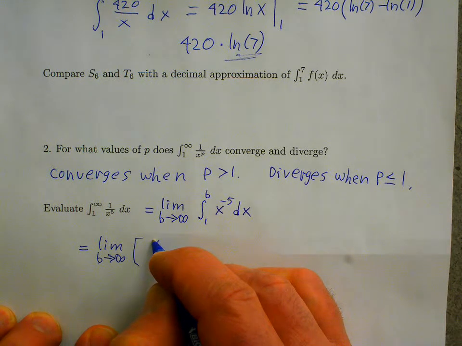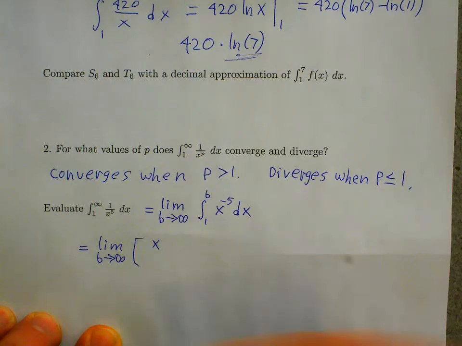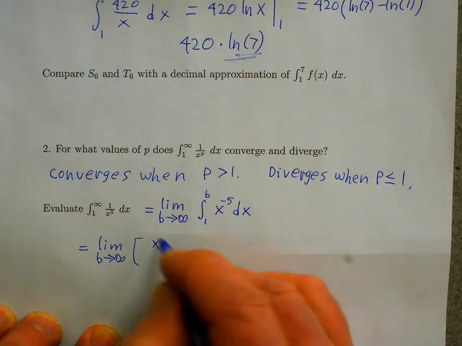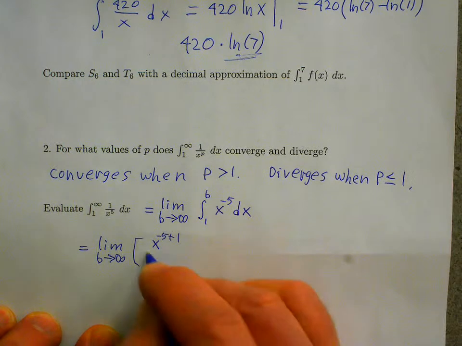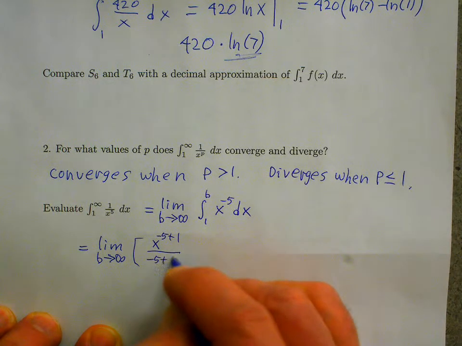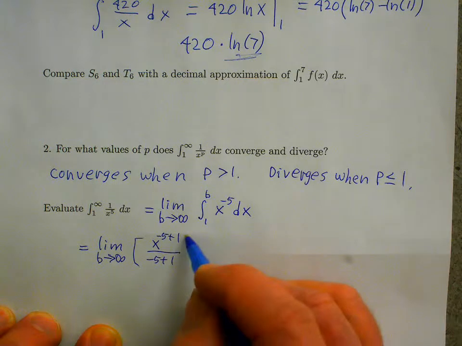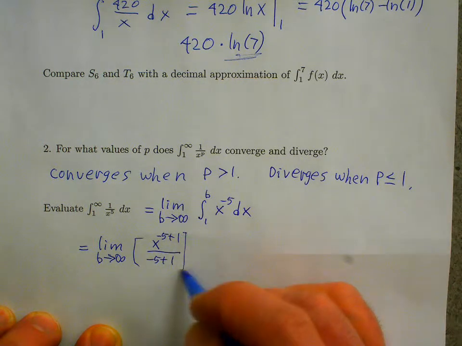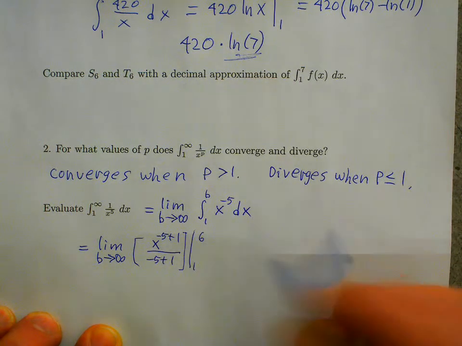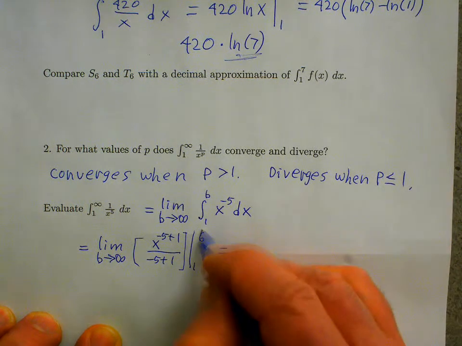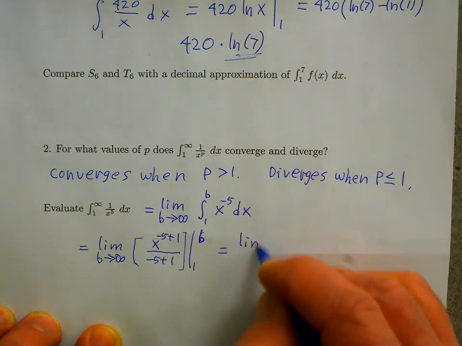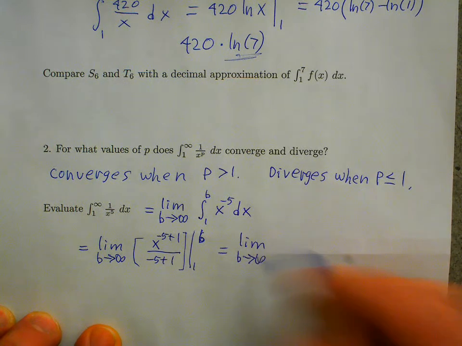Well, if it helps, you can just write it using the formula x to the negative 5 plus 1 divided by negative 5 plus 1, which we will evaluate from 1 to b, the limit as b approaches infinity.